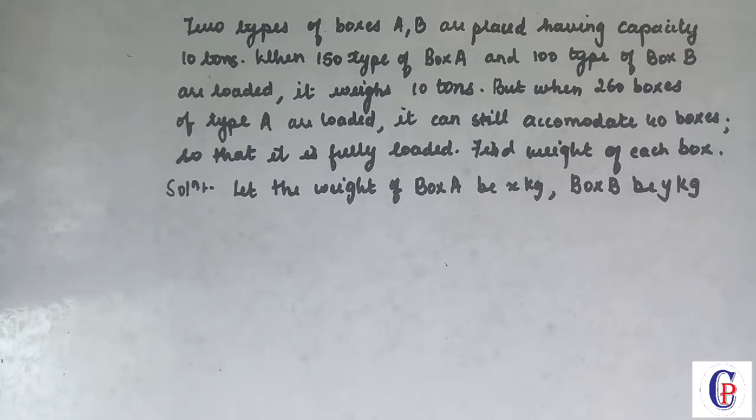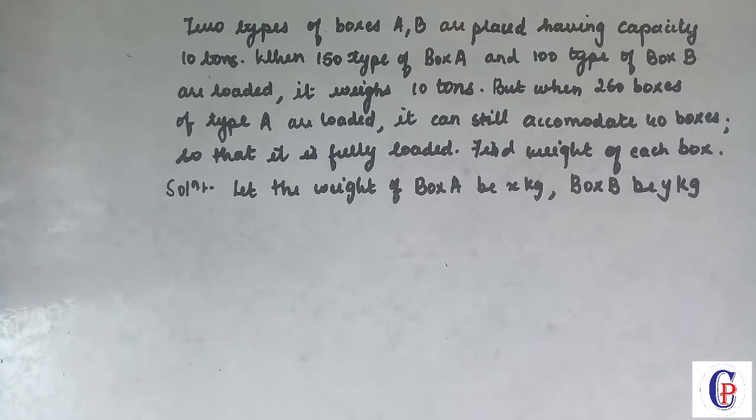They are also saying that if we place 260 boxes of type A, then 40 more boxes can be put in the truck. 40 more boxes means 40 boxes of type B, so that it will be fully loaded. Fully loaded means the total will be 10 tons. Find the weight of each box.